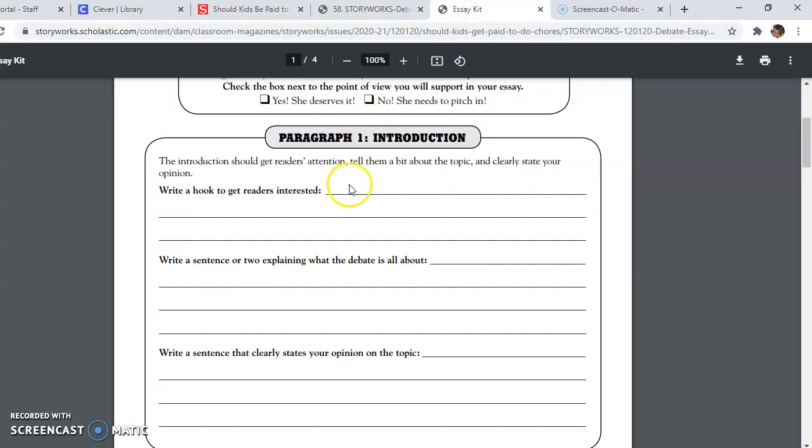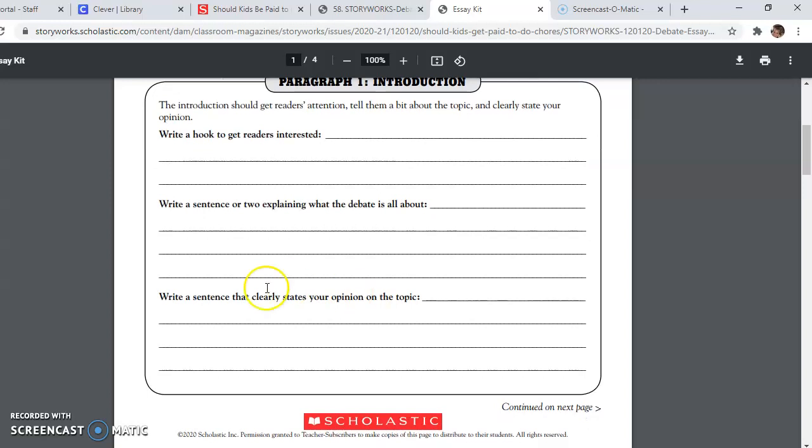All right. So that's what you want to do first when you're writing, and this is all one paragraph because this is all that you're working on today is this one paragraph. Then you're going to write a sentence or two that explains what the debate is about. So we've discussed that quite thoroughly. And then the final part here is to write a sentence that clearly states your opinion on the topic.